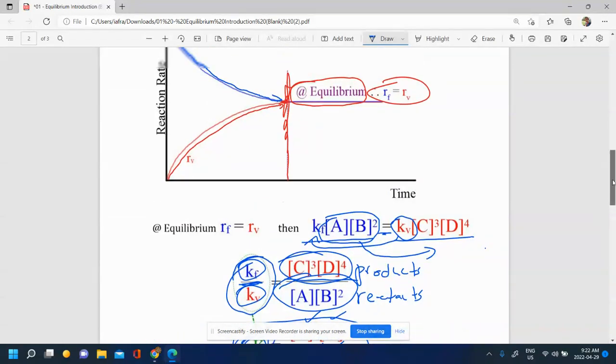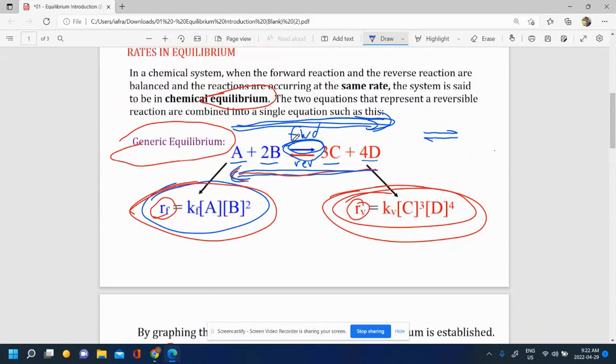So as you produce product, at the same rate you're going backwards and producing reactant. So it looks like nothing's happening anymore. There's still reactions happening. It just looks like nothing is changing anymore, only because at the same rate that you're producing product, you're destroying it to make the reactant again.